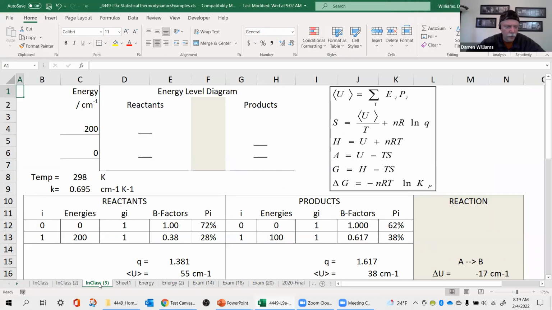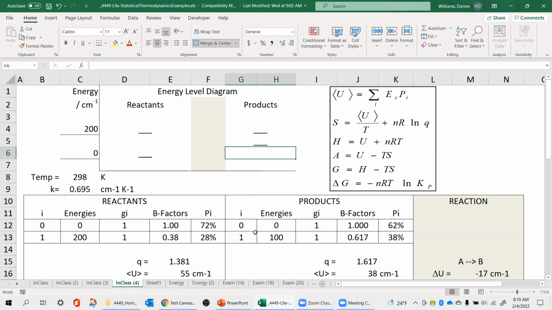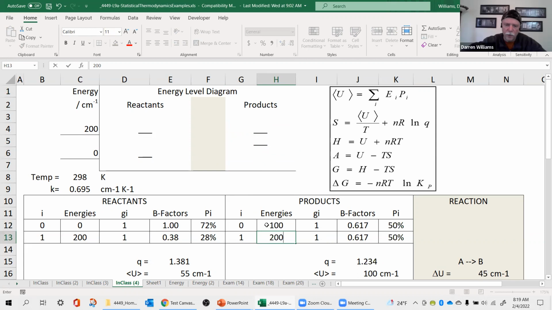I'm going to copy this over. So I need to just make this one 100 and 200. So there's our 62% and 38%.